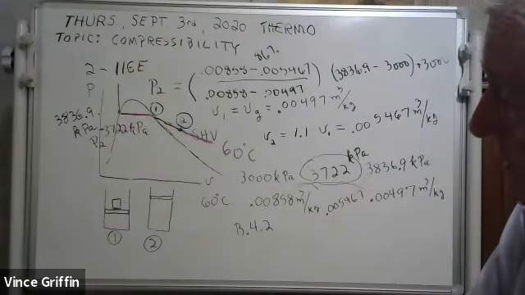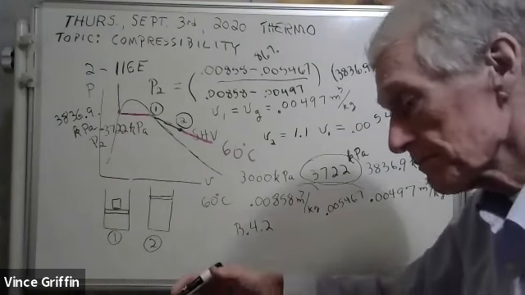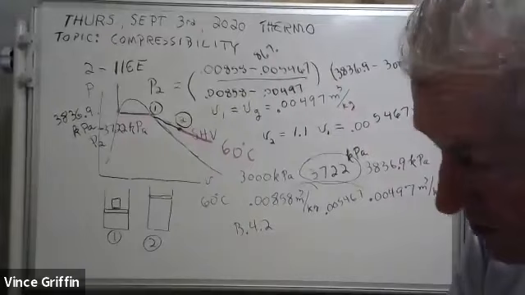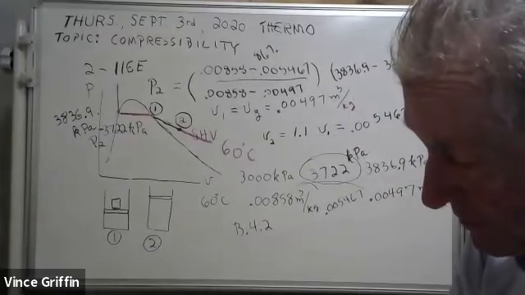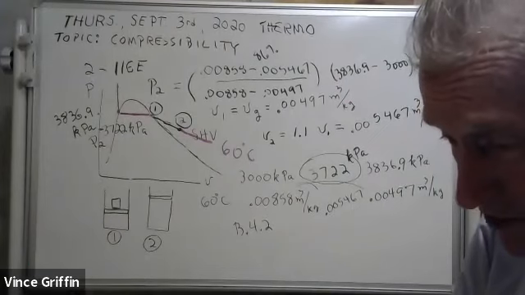Now, we stayed at a constant temperature. How would you do that? Well, you'd fill your bathtub up to 60 degrees Celsius. Man, I think that would roast you. That's awfully hot.